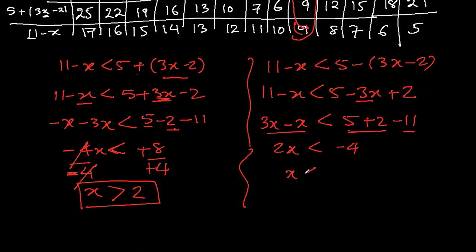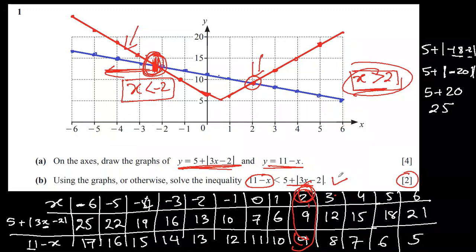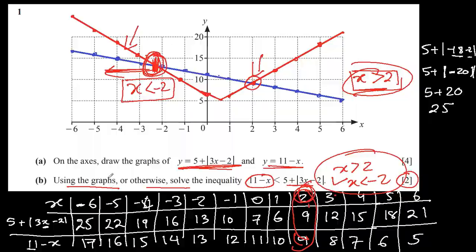And x is less than, divide by 2 here, divide by 2 here. Since we are dividing by a positive number, no need to change the sign. X is less than minus 2. So these are the two answers. X is greater than 2 and x is less than minus 2. These are the two solutions using graphs or otherwise, they said.